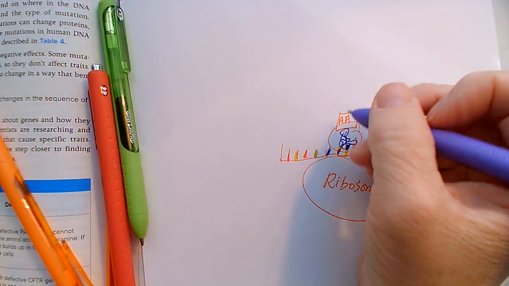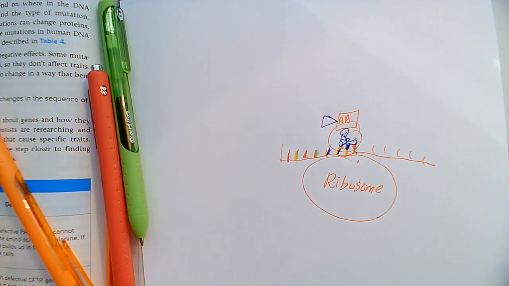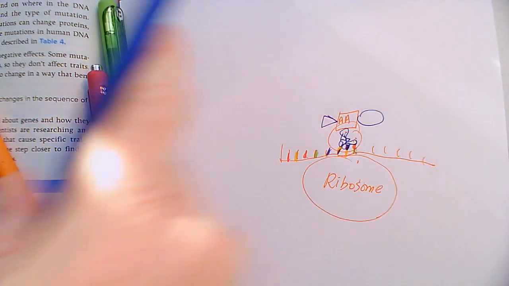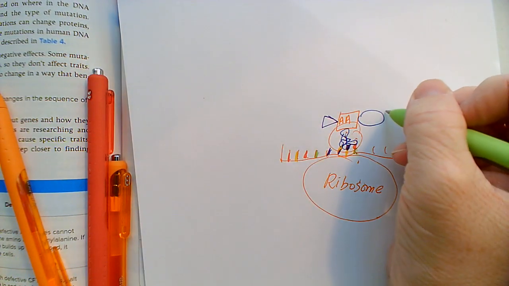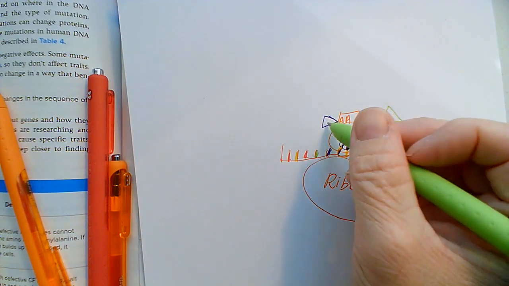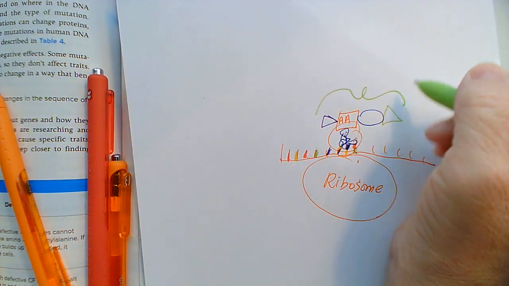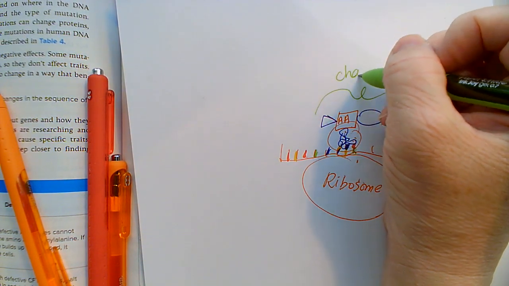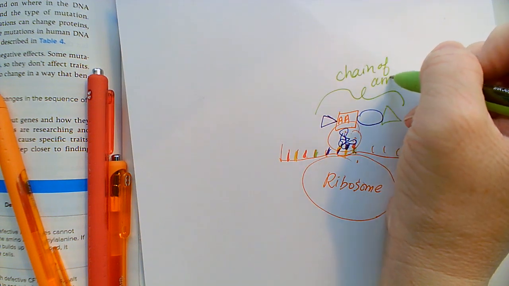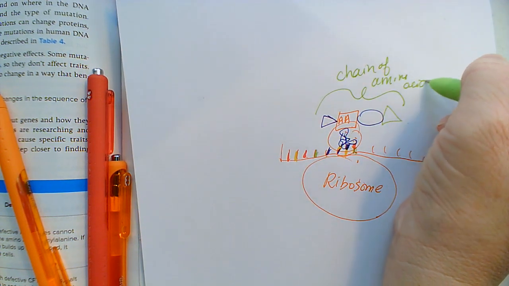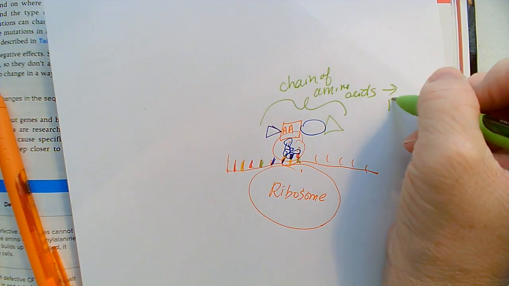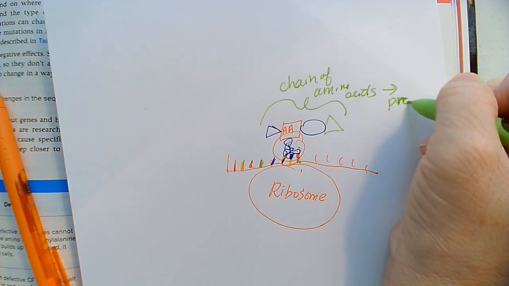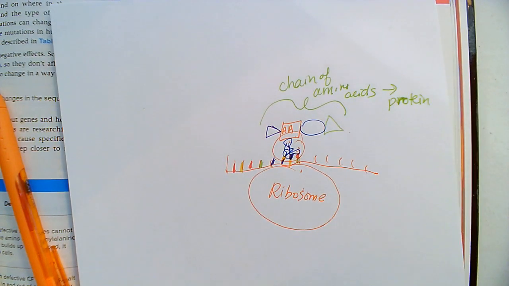And so the amino acids are growing in a long line here. These amino acids come together to make a chain of amino acids, and that's originally going to become a protein.